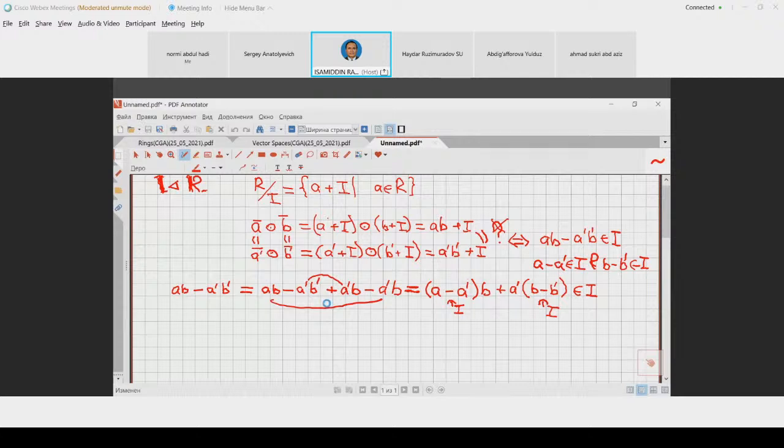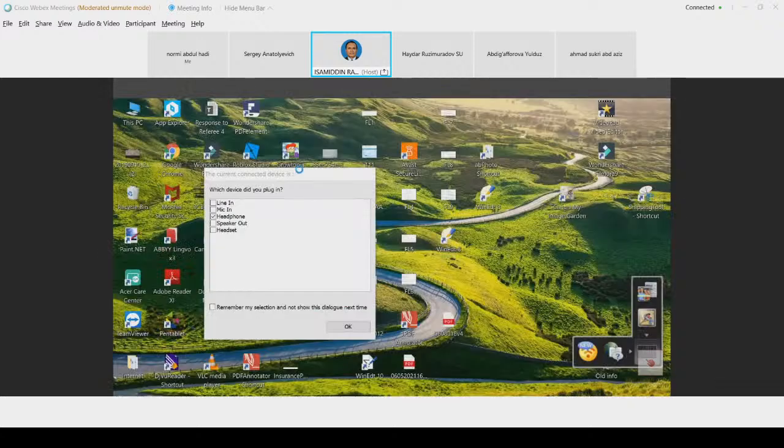Why is this important? The quotient ring. Why is this important?